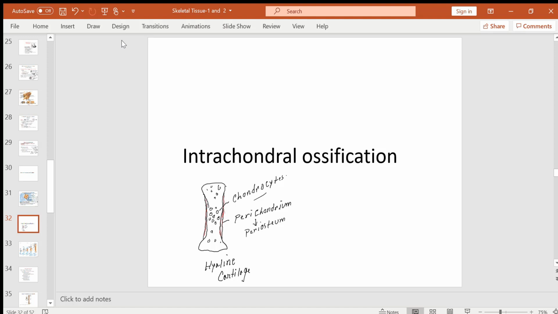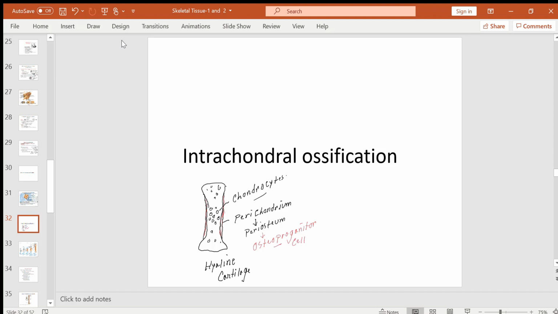Inside the periosteum, in this stage, you have the cells called the osteoprogenitor cells, embryonic cells.